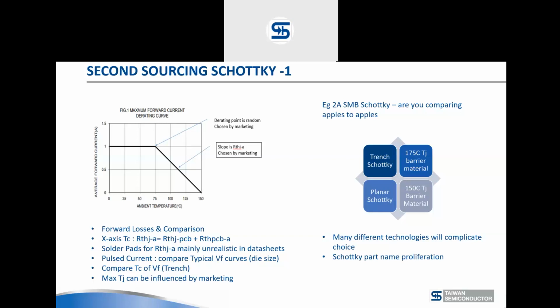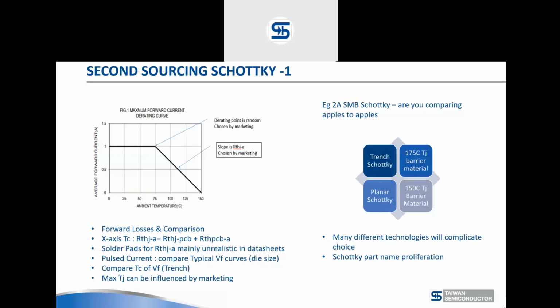These technologies have different temperature coefficients, so that's another thing you need to compare to get accurate results. Also, to think about it, I just took an SMB package. We're moving to the right of the slide now. 2 amp as an example, just as a popular part, the SS2 is 30 years old or something like that.